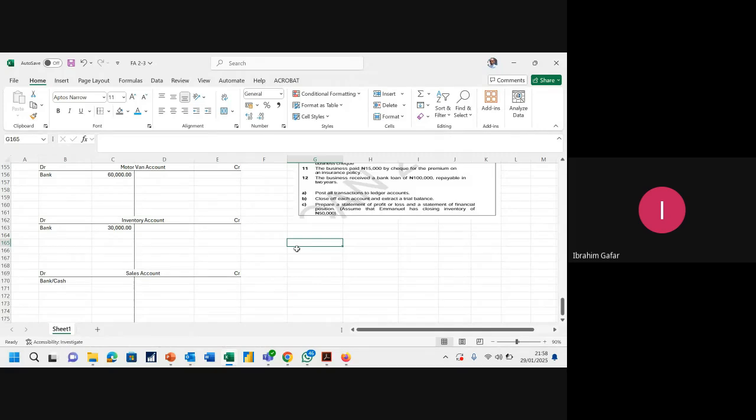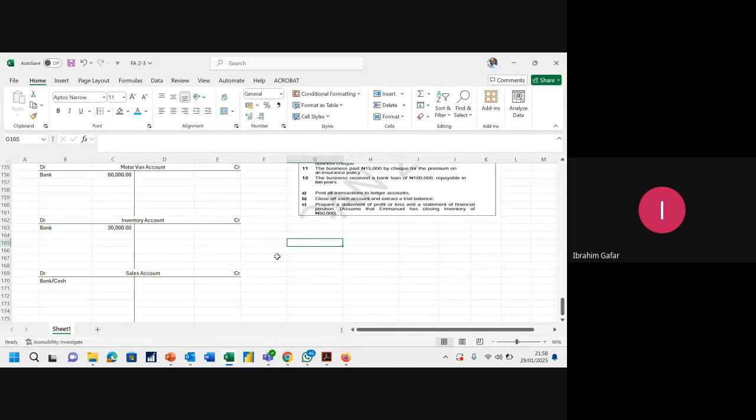Inventory is already debited, right? Yes. Now, your cost of sales will now be showing as a credit balance.